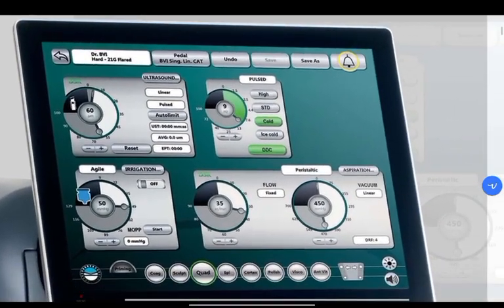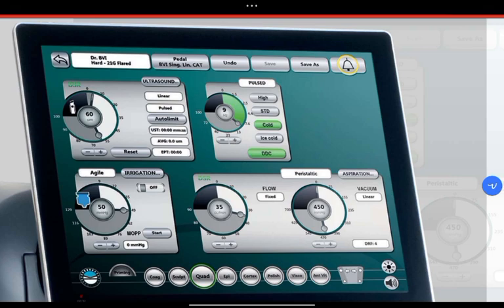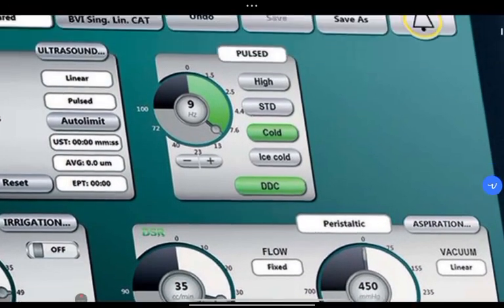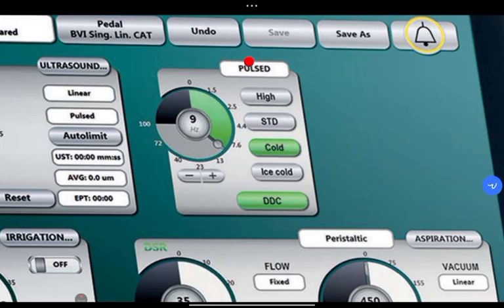the display panel. So in the display panel you can see here we have ultrasound. Under ultrasound, this category, we have linear, pulse, auto limit, and we have a reset option also. In the second case, on the right hand side we have pulsed.